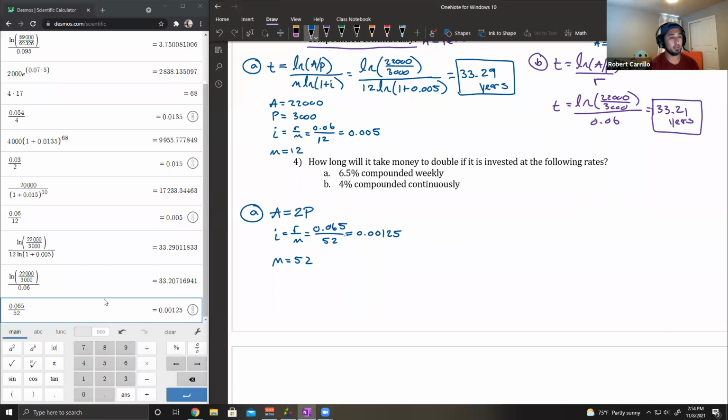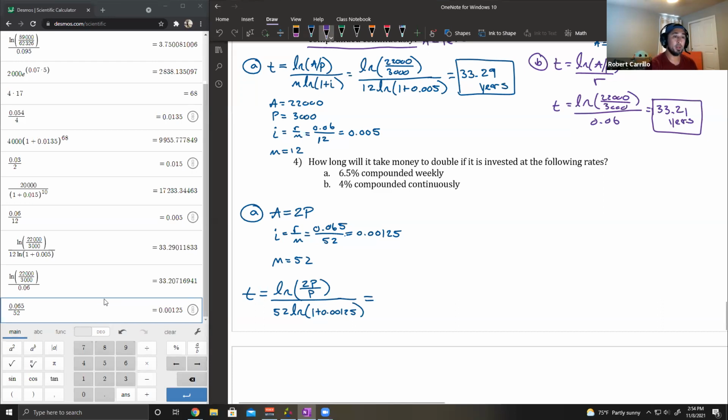Okay, so time equals the natural log of A over P, but in this case, A is twice the original amount. So it would be 2P over P, over 52 times the natural log of 1 plus 0.00125. All right.